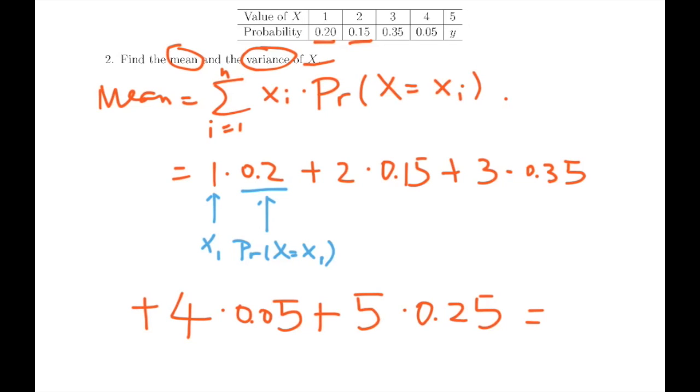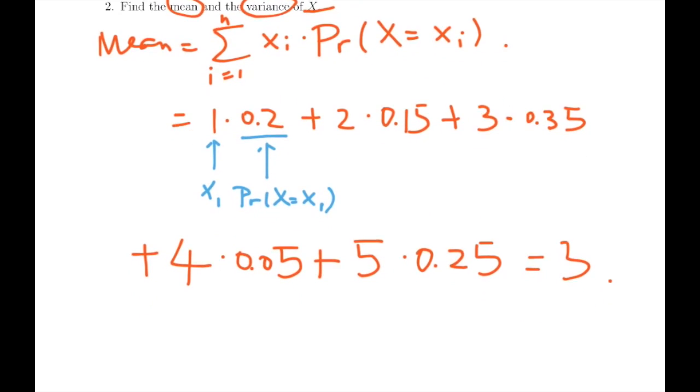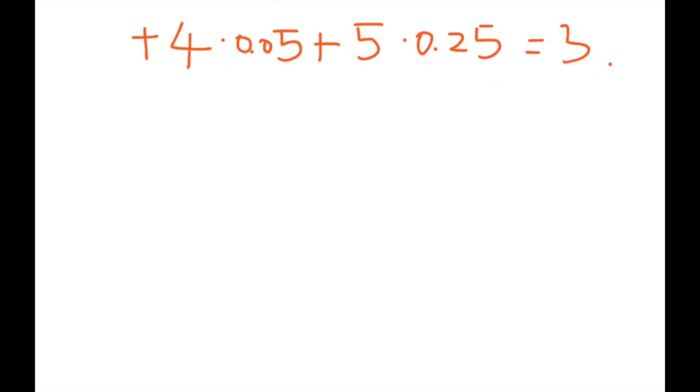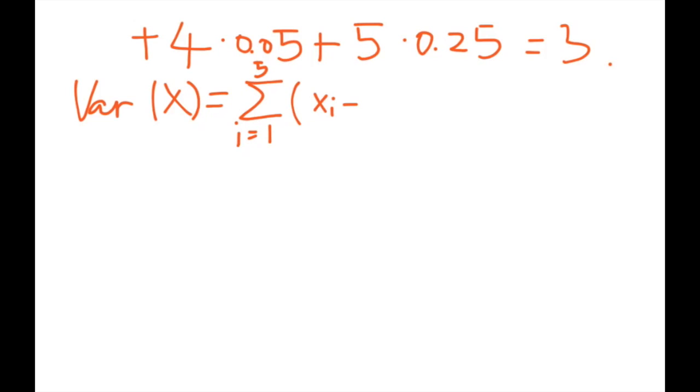All right, then we go to the variance part. Remember the variance, I will use this notation. The variance of x is given by a weighted sum from i equal to 1 to 5 of small x_i minus the mean, which we got from the first part, squared, times the probability of capital X equal to the small x_i.